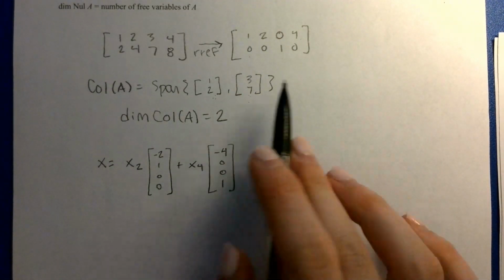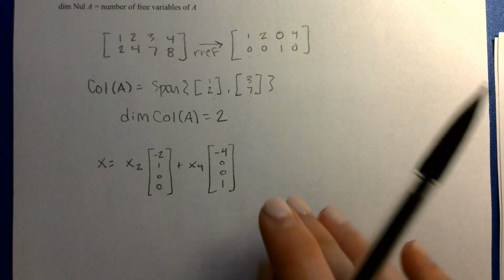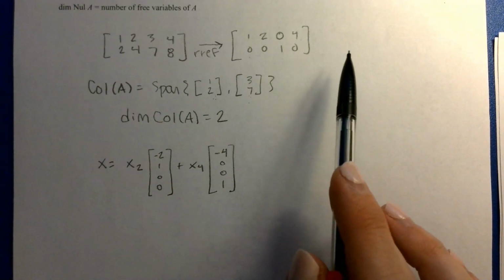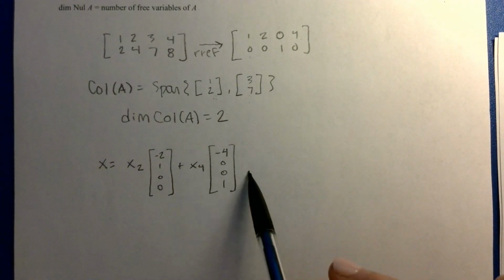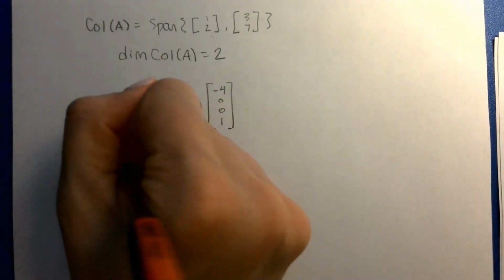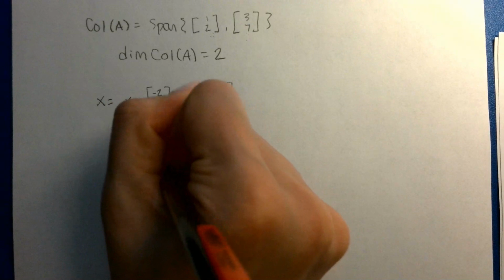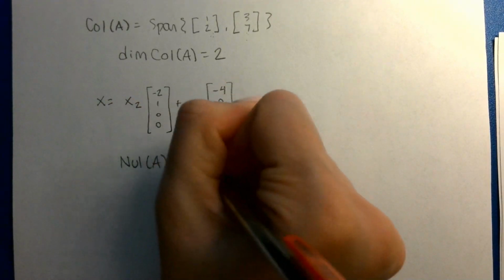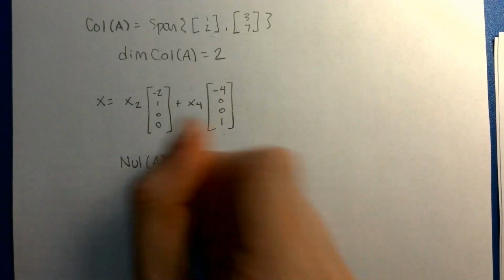Okay, and if you need to write that out, if you need to check my work, just pause real quick and write these out as vector equations before you go directly to the parametric vector equation. So, my null space is the span, meaning all linear combinations of these 2 vectors.